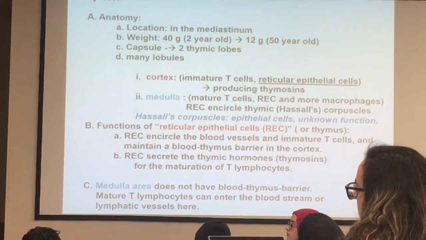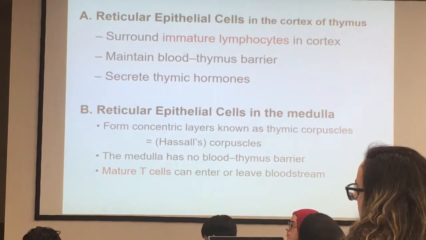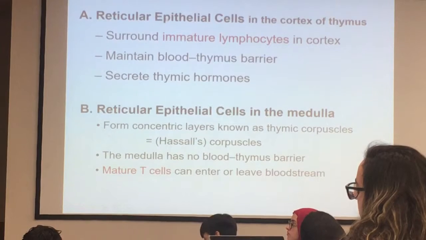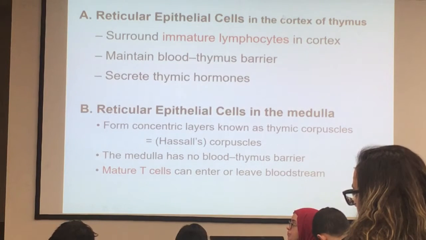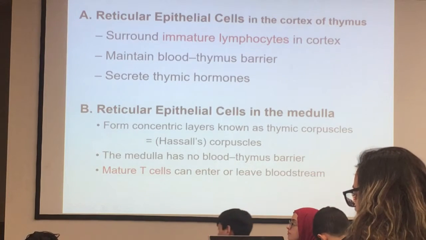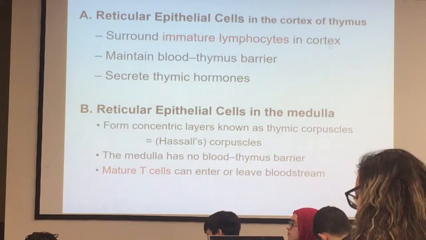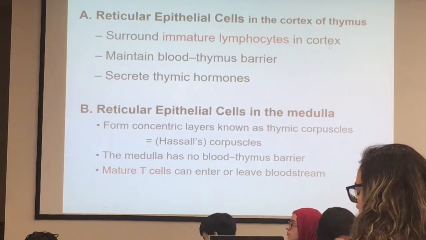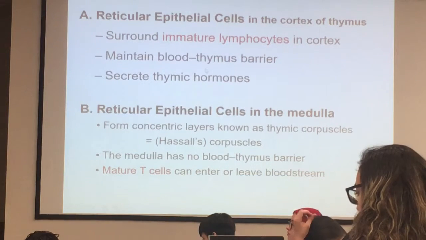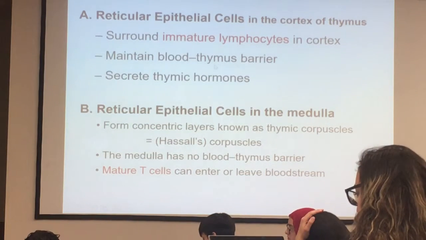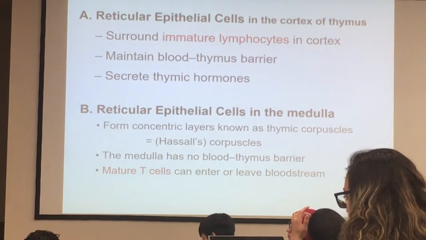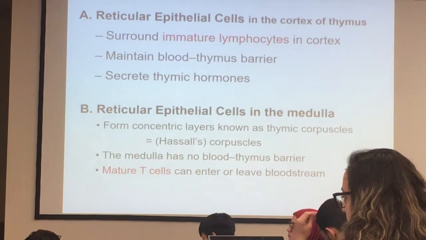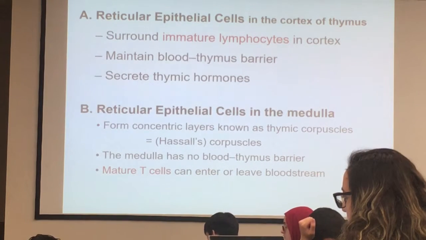So one thing I want to clarify is that REC is located in both the cortex and the medulla. In the cortex it is an endocrine cell that produces thymosin. It also forms a barrier we call the blood-thymus barrier, which prevents the immature T lymphocytes from being detected by the immune system, which would then produce antibodies against them.